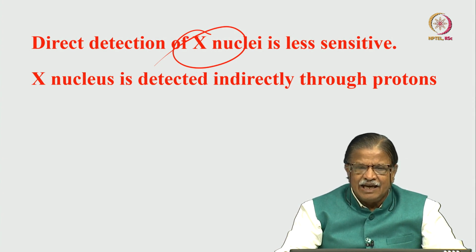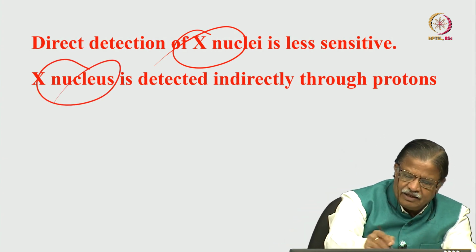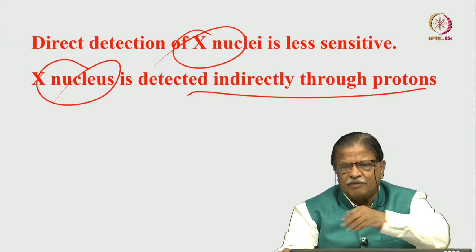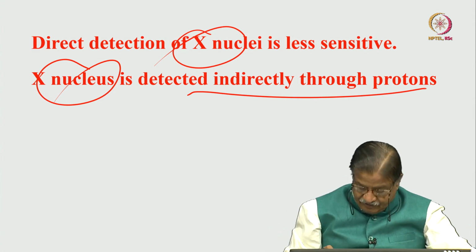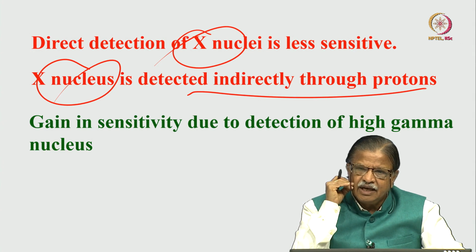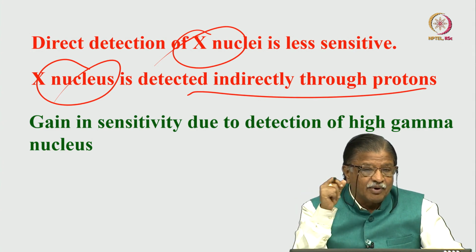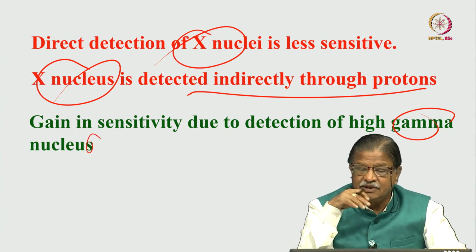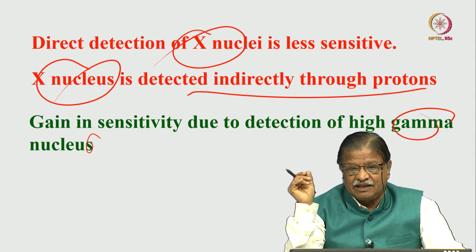On the other hand, why can't we detect X nuclei indirectly through proton? It is something funny. Instead of detecting carbon, why should I detect proton indirectly? There is a way we can do that. The advantage is that we are not detecting carbon, we are detecting proton. That means gamma is high for proton. Sensitivity is 4 times larger than that of carbon.